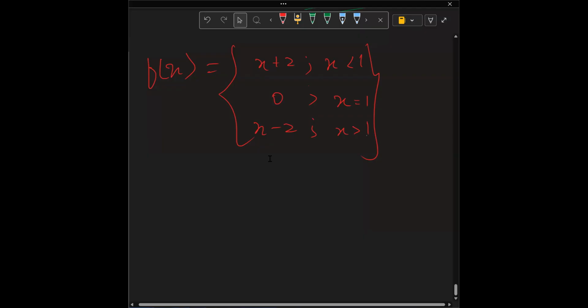In this question, you have to find all the points of discontinuity. The question can be asked like this also: find all the points of discontinuity of the function defined by this. So first of all, what you will do, you have to check for x equals to 1 only.